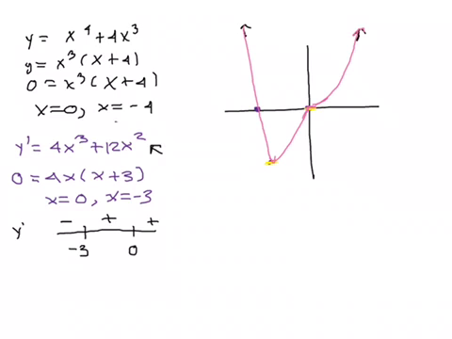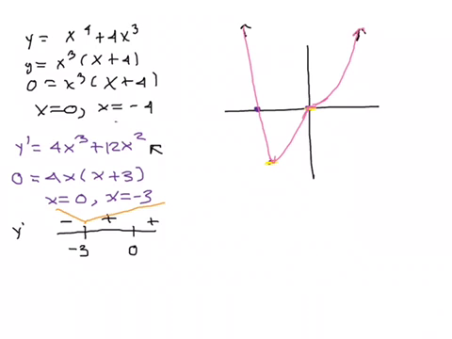So what does this tell me? I'm just going to do this in a nice little orange color. It tells me from -infinity to -3, this thing is going down. And then from -3 on out, it is going up, right? That's what this graph is telling me so far.